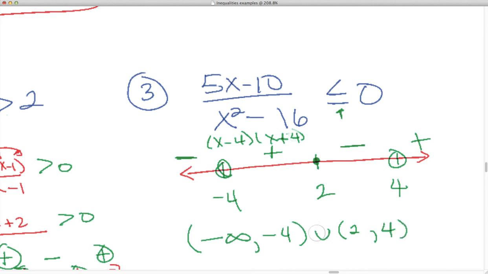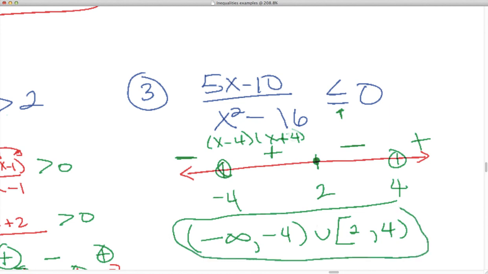Oops, I made a mistake. Anybody see it? Hoping you were paying attention. Just checking to see if you fell asleep on me. Alright, that has to be a bracket. Why? Because it's a closed dot. Again, the 4 and the negative 4 are open dots because they came from the denominator.